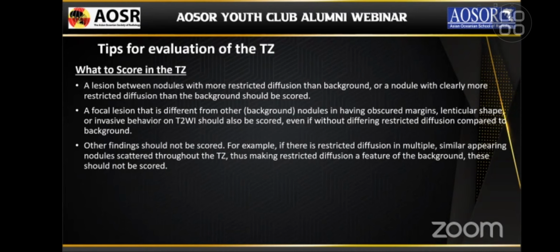And of course, if there is a typical hypointense lesion on T2WI, it should be scored even if diffusion restriction is not obvious. In my opinion, T2WI is important for large invasive lesions because diffusion restriction may be unclear in that case. But for localized lesions, T2WI alone is difficult to evaluate, and combining with DWI and DCE is important.